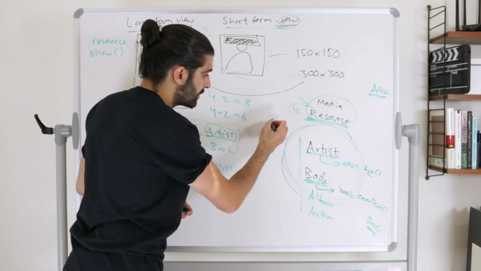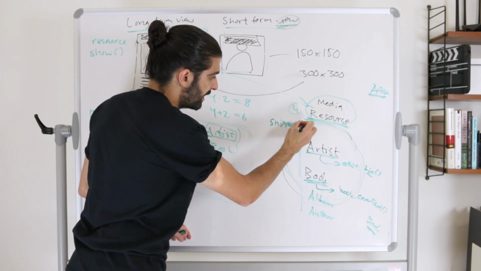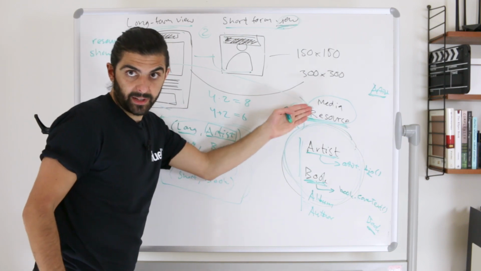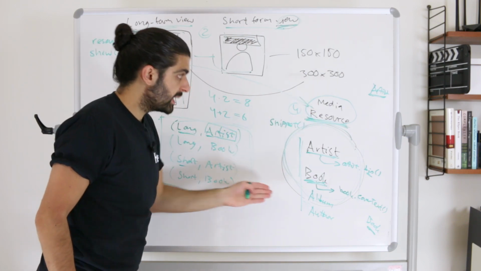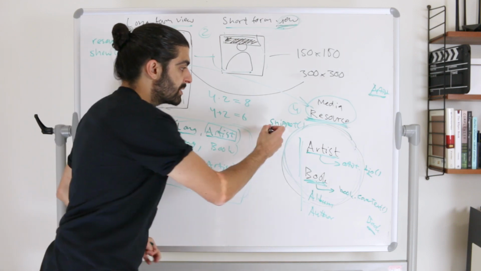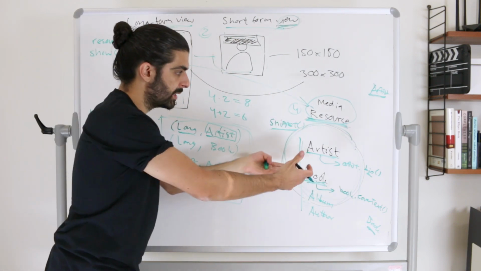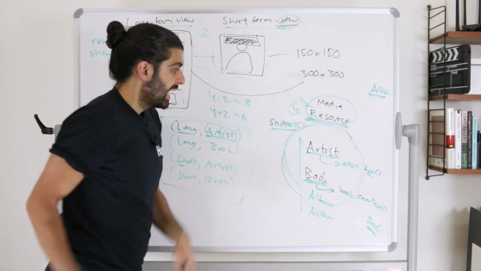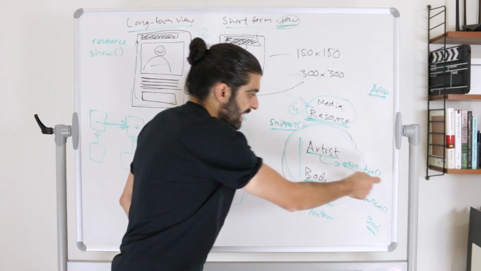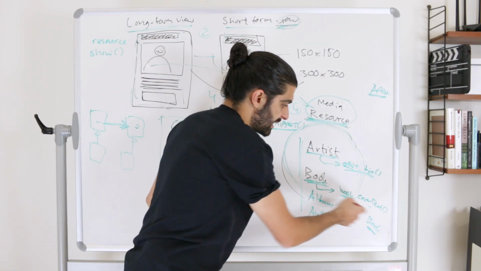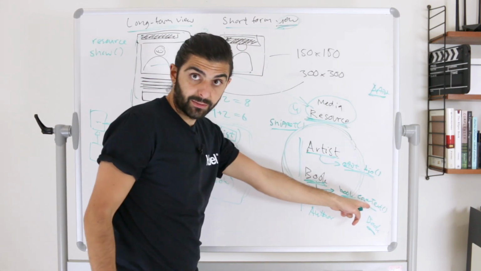So a media resource maybe defines that, and then I don't mean a concrete media resource, I mean the media resource interface says that the notion of being a media resource requires that you expose a method called snippet. So you need to be able to ask a media resource, what's your snippet? And the artist media resource will ask its underlying author for the bio, while the book will ask its underlying book for the cover text.